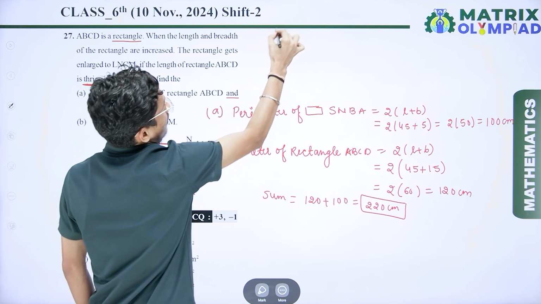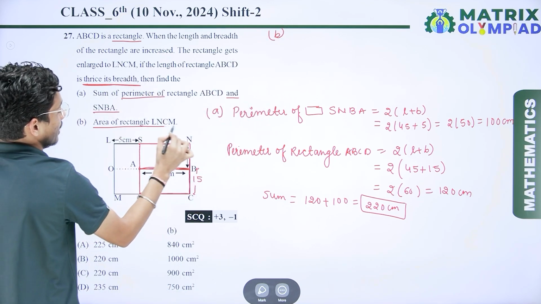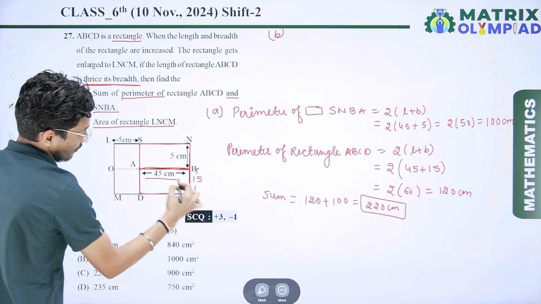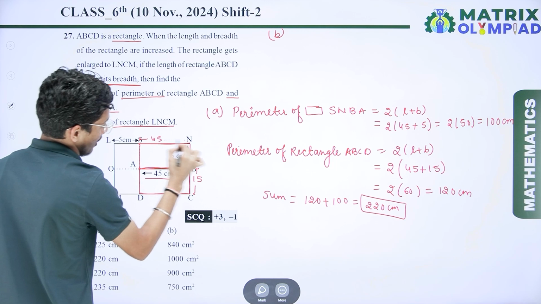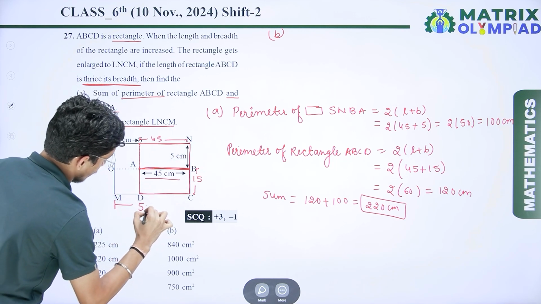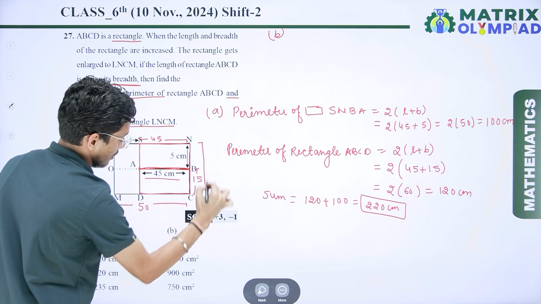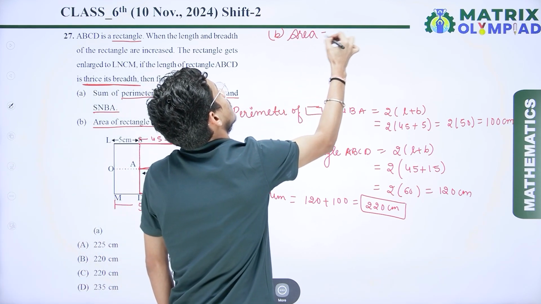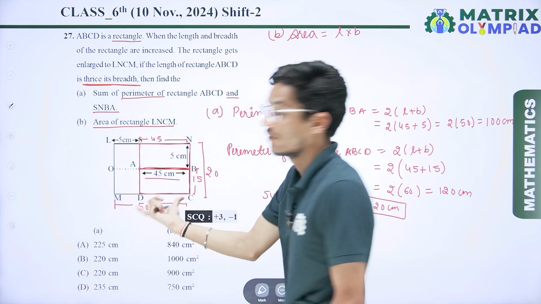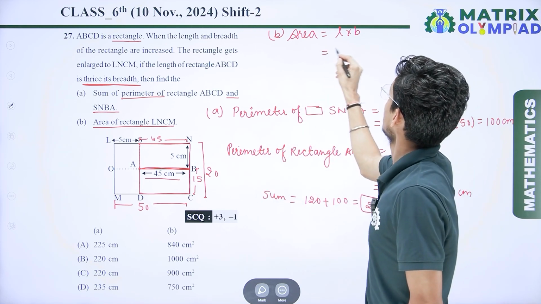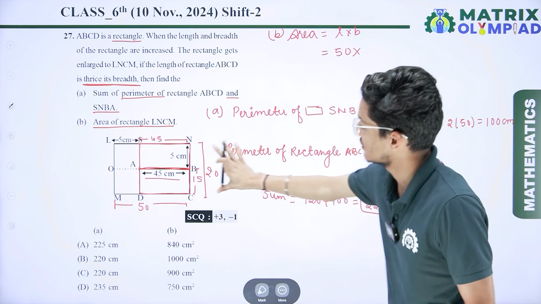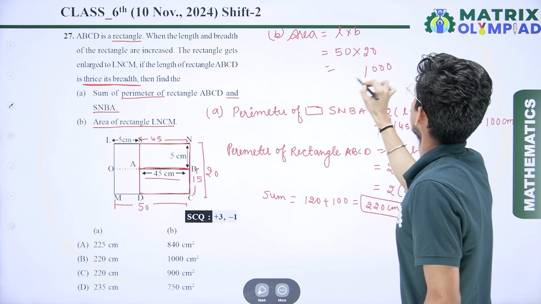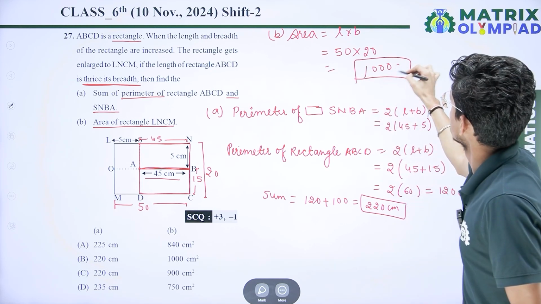Now we have to find the solution for B, the area of rectangle LNCM. We know this one is 45, so here we have again 45. So I can say that the total length is 50 and the total breadth is 20. Area is length multiplied by breadth, so 50 multiplied by 20. 0, 0, 0, 1, that is 1000 centimeter square.